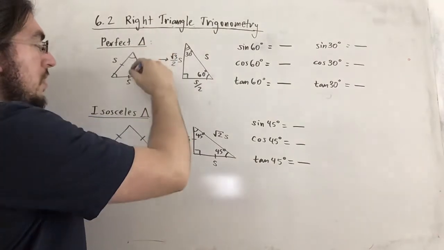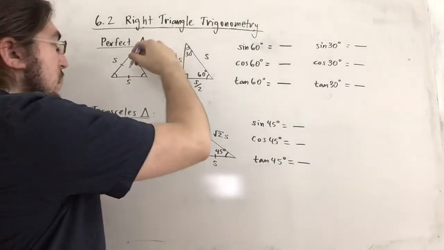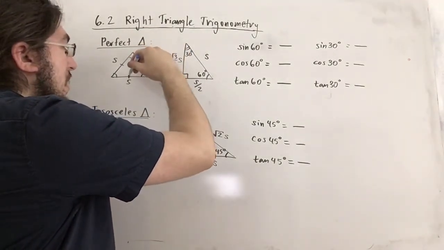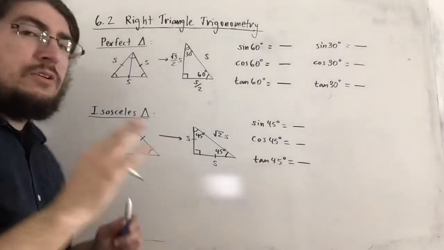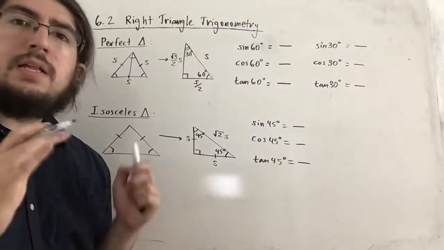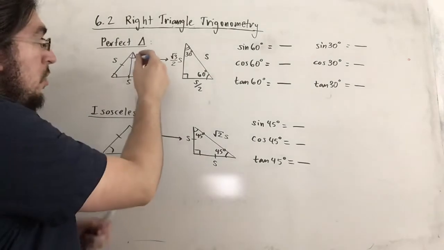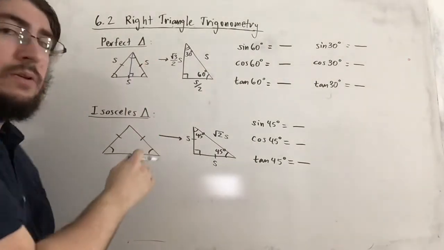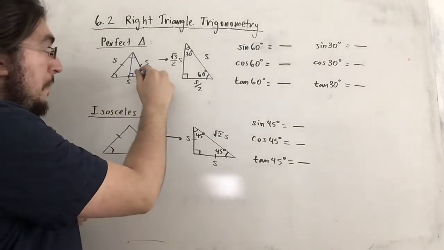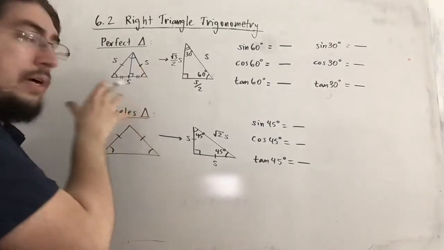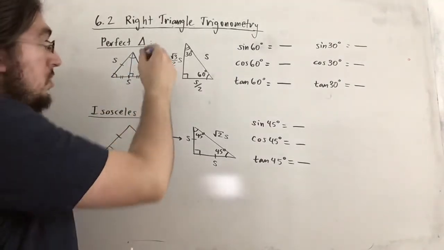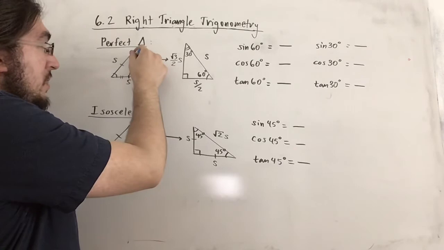Now, another result, so it's like we're seeing all these weird results, but if we cut this in half, there's two very important things that happen. The first thing is that this line will not only be perpendicular to the base, but it'll bisect the base, so it'll cut into two equal halves, and it'll also bisect the angle, as it turns out.